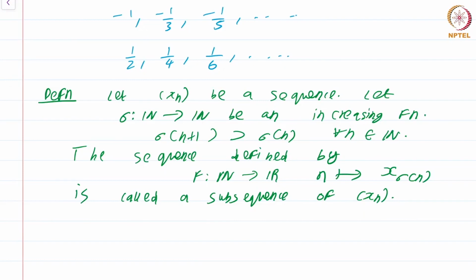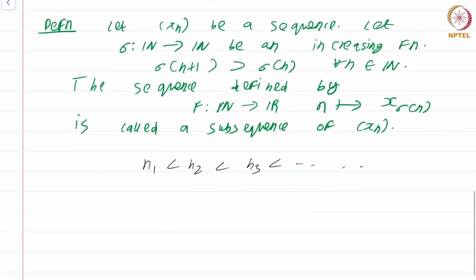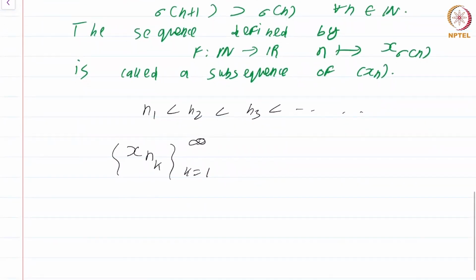You are given numbers n1 less than n2 less than n3 less than dot dot dot, and you're just considering the new sequence x n k, where now k runs from 1 to infinity. The sequence is no longer indexed by n, but it's indexed by this nk, and k is running from 1 to infinity.